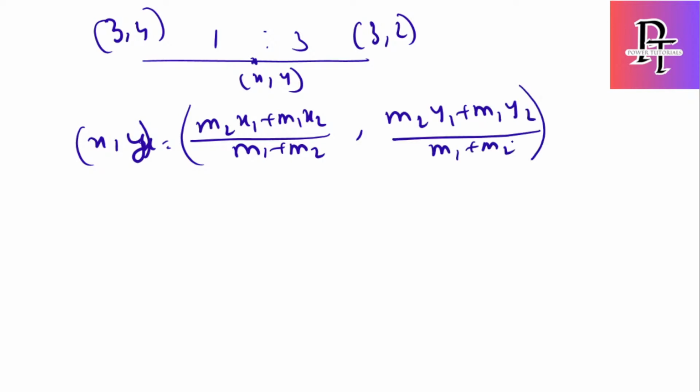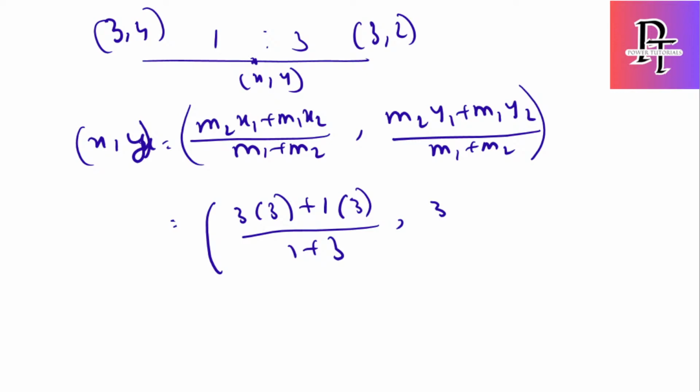Okay, so if I substitute here, m2 is 3, x1 is 3, m1 is 1, x2 is again 3, by m1 plus m2, which is 1 plus 3, comma m2 3 into y1 4 plus m1 1 into y2 3, sorry 2, by 1 plus 3.